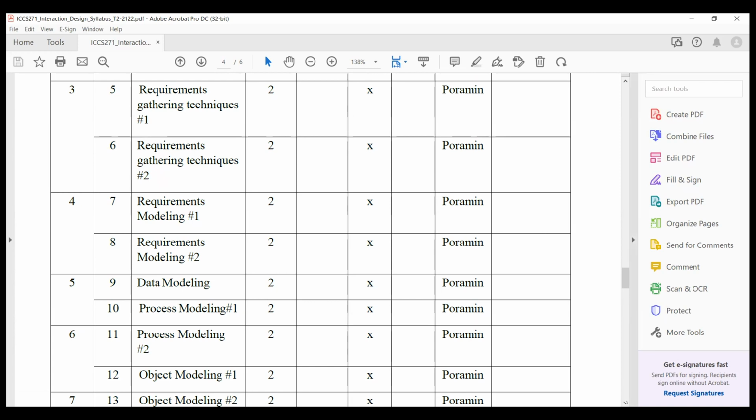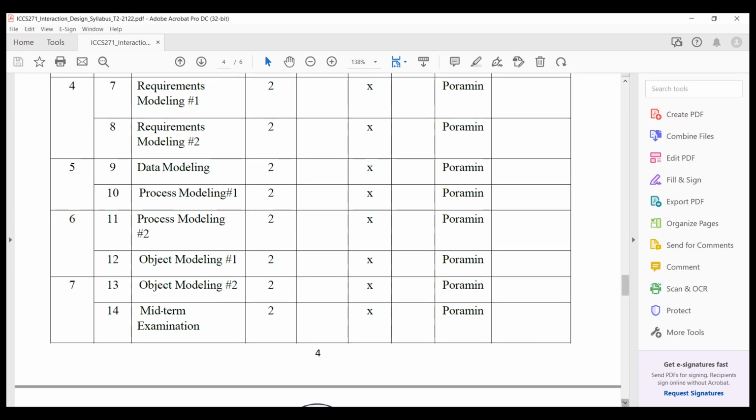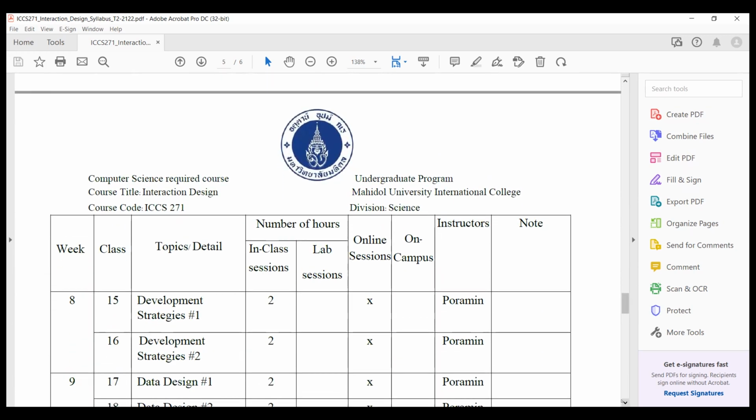Week 6 we learn about process modeling part 2 and object modeling part 1. Week 7 we will learn about object modeling part 2, and then we have the midterm examination. The midterm exam will be during the class time.